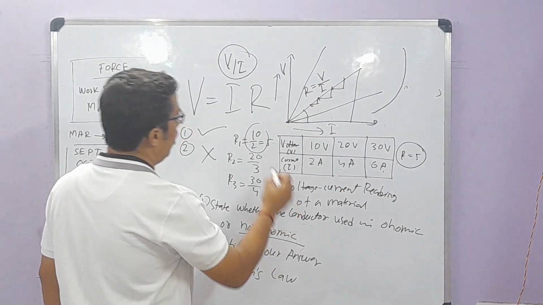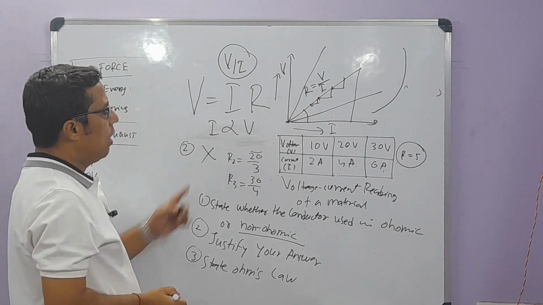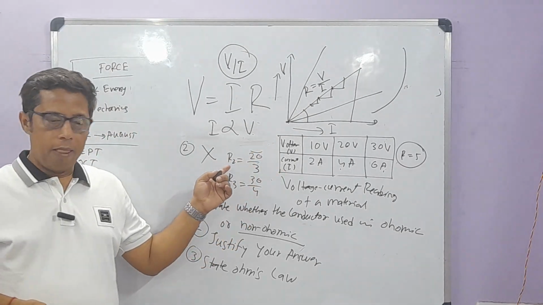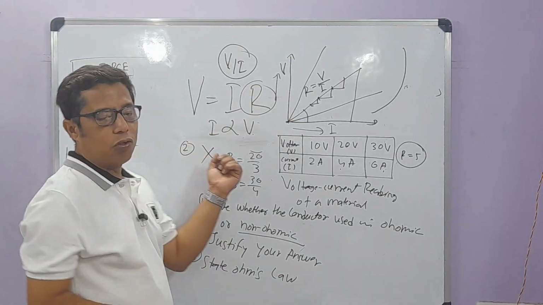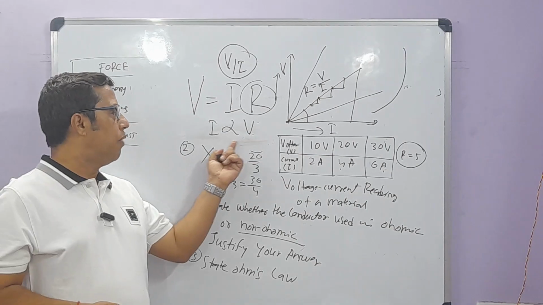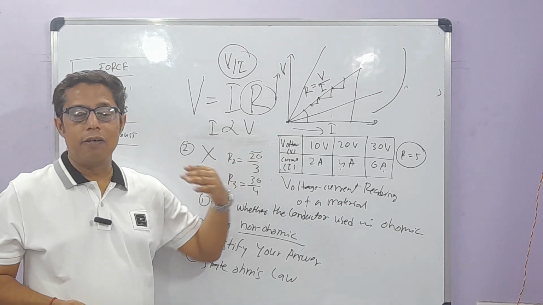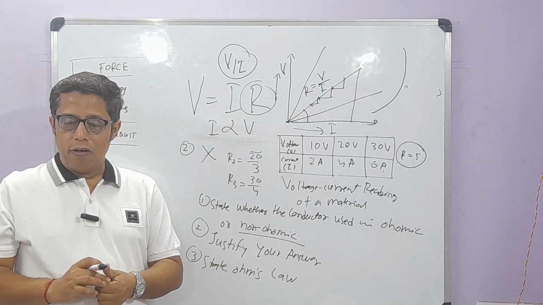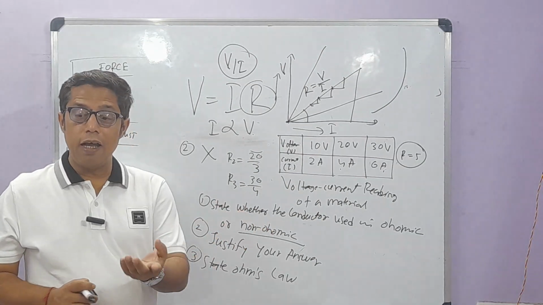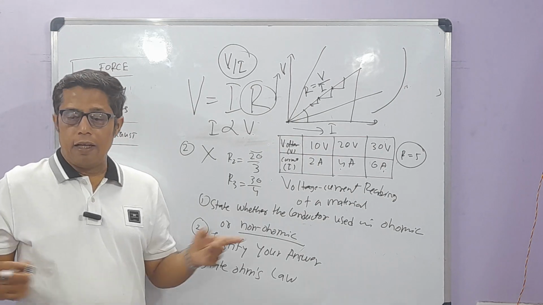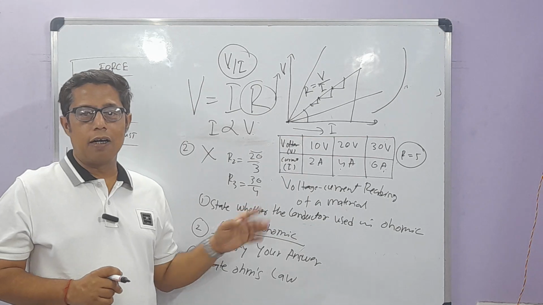Ideally, I is proportional to V, and V by I is the resistance of the circuit. This is Ohm's law. There are other materials that do not follow it, non-ohmic ones like semiconductors, which you have to study. This is part one of current electricity.